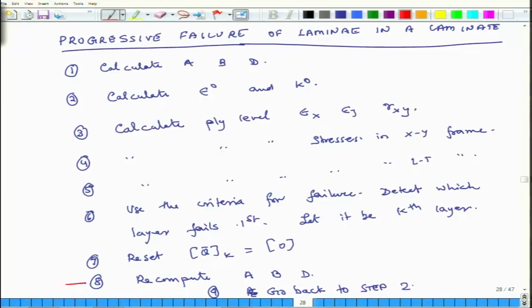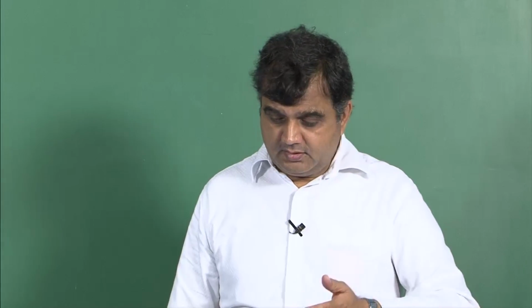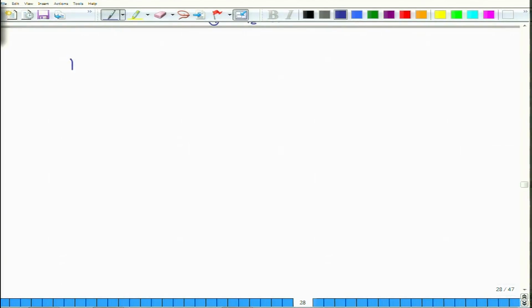So, we keep on doing this. Now we again do all this stuff and then we will find that another layer has failed. So, again you set the Q bar matrix for that other layer also to 0 and you keep on doing this.